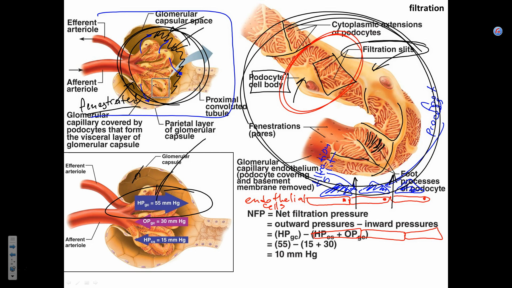Decrease by what percentage? 20%. What's 20% of 55? 11. 55 minus 11 gives you 44. Now, if this pressure suddenly becomes 44, what's the sum of these pressures? 45. Is there any filtration in the kidneys? No.